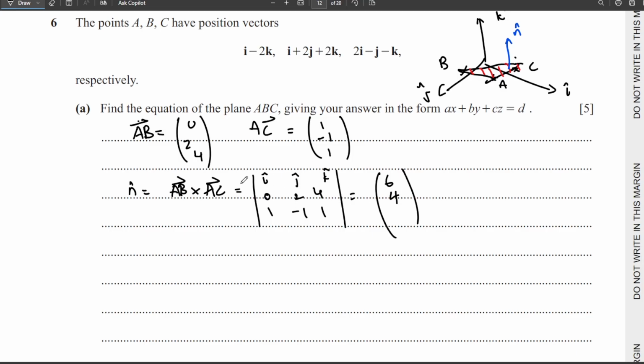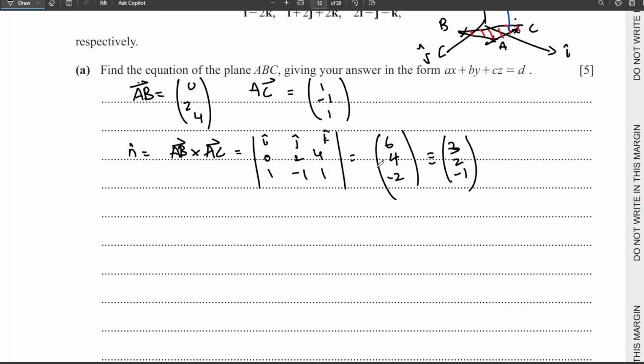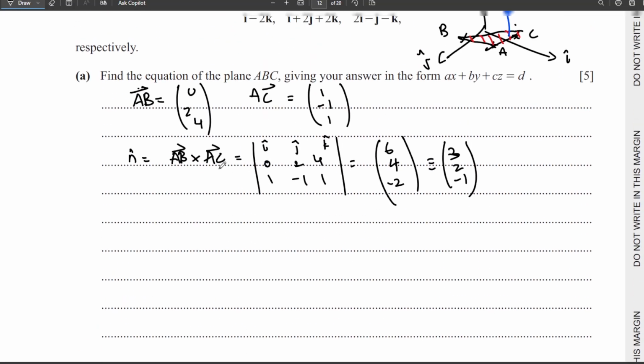Last, for k, again cover the row and column, 0 minus 2. For this normal vector, we don't really care about the magnitude as long as we have the same direction, so you can simplify it to 3, 2, -1 to make our calculation easier. Or you can just leave it as 6, 4, -2, which is fine also.